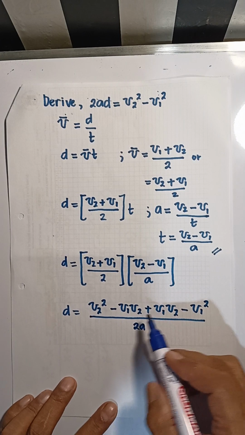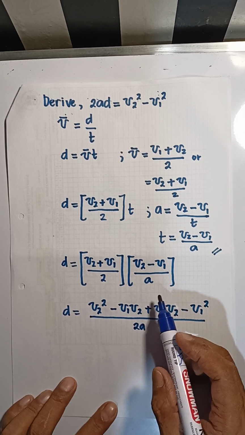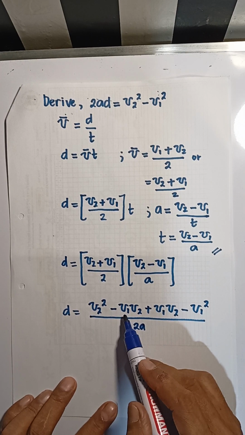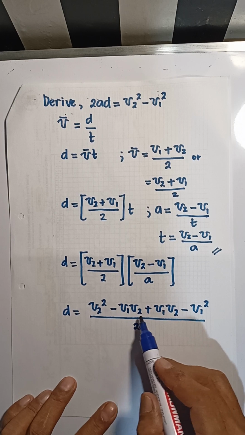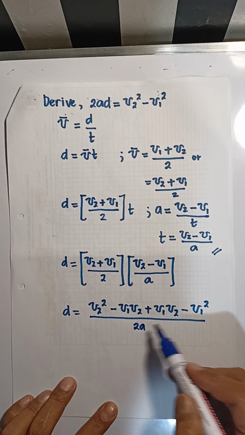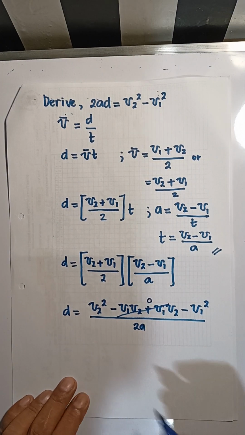So as I have mentioned, when we have the sum and difference of two binomials, your middle term is 0. So if you have negative v1 v2 plus v1 v2, you cancel that because that is equal to 0.